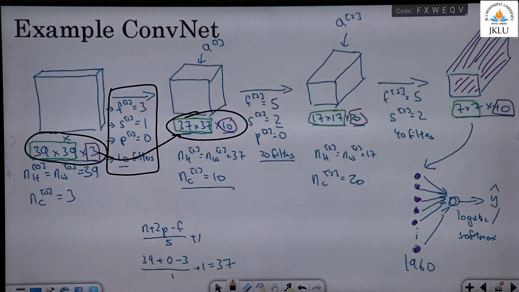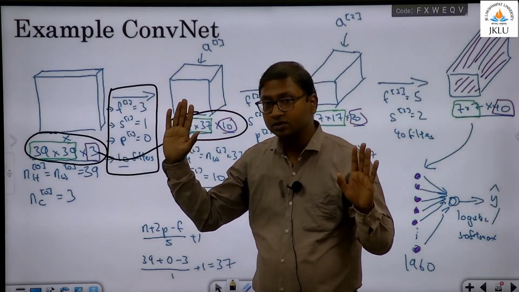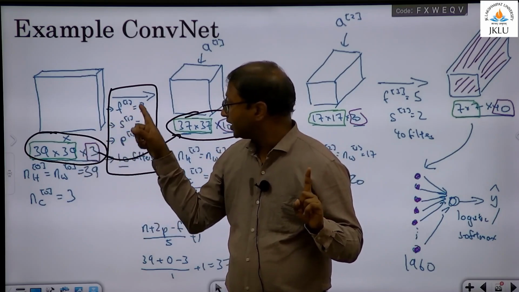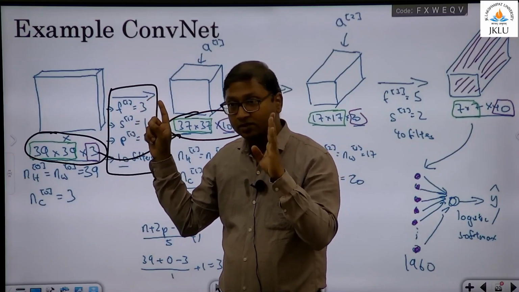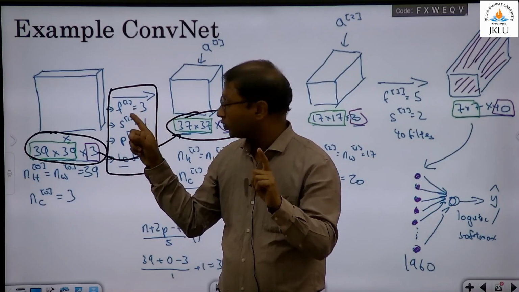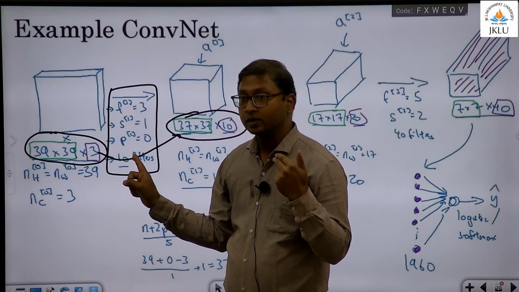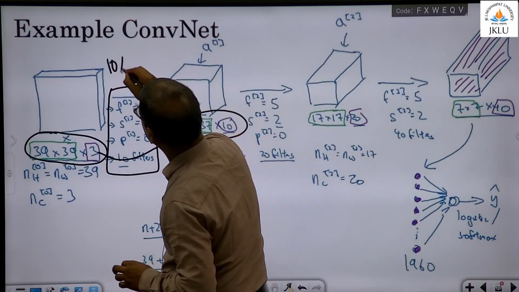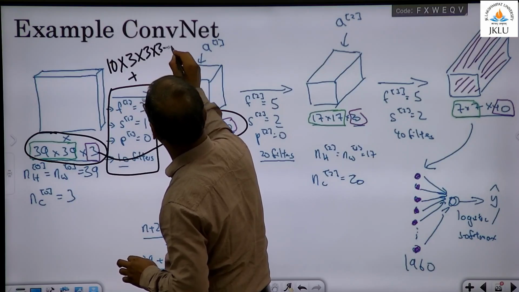See, 39 cross 39 cross 3, what will be the filter size? 3 cross 3 cross 3. Why 3? Because this guy fixes it. So 3 cross 3 cross 3. How many parameters now? 27 into 10. What else? Plus 10. So that gives me 10 into 3 cross 3 cross 3 plus 1.